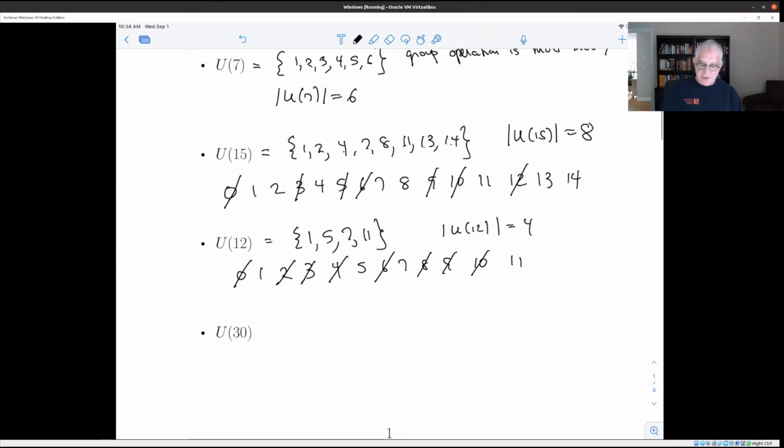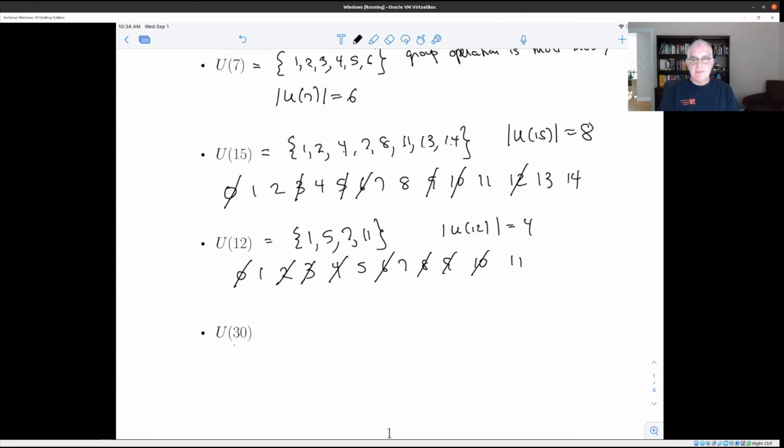And finally, U of 30. I won't write down all 30 residue classes, but instead let's see if we can figure out what they are using the fact that we have to strike out anything which has a factor in common with 30, so anything divisible by 2, 3, or 5. If we just write down odd numbers, we've taken care of 2.